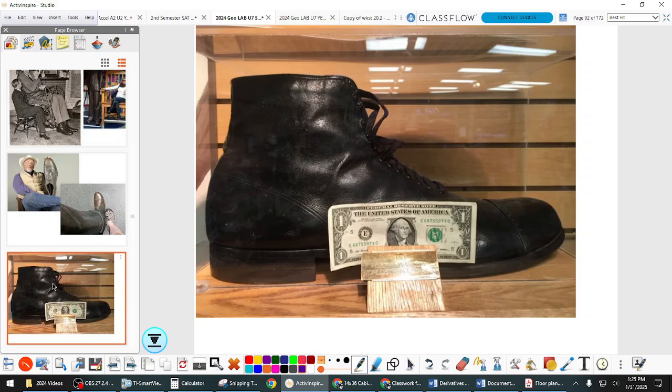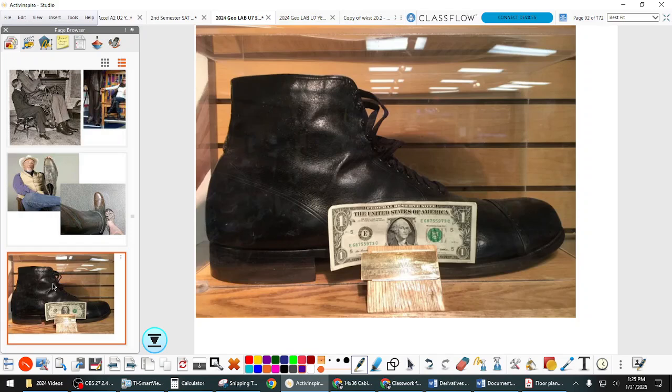Okay, so how could we use similarity to figure out how tall this guy is or how big his shoe is? I want you to think about that, and then we're going to try it. We have 10 minutes. We could at least figure out how big his shoe is in real life. So why don't you two work together, and then you two, and then you two?